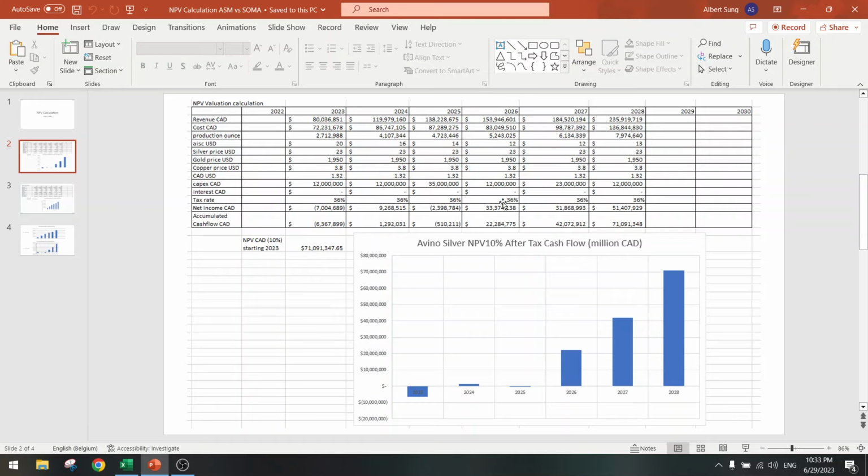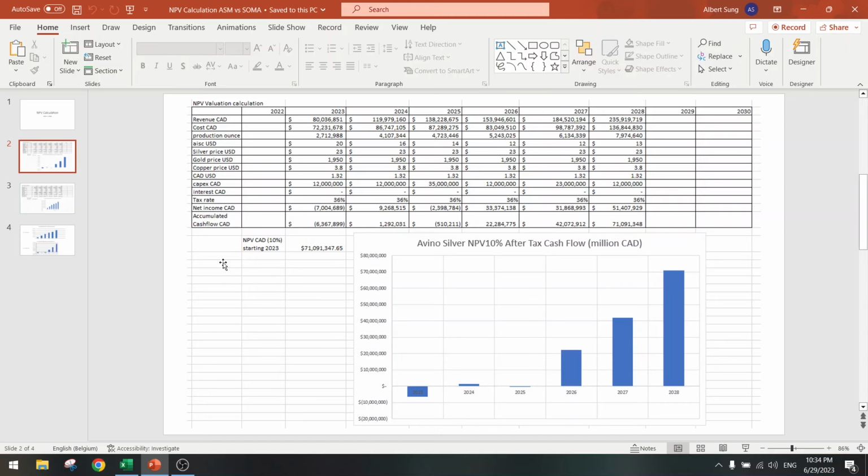So from here on out, you get an increase of 33 million, another 30 million, 50 million. But here, in the first years, you actually have not enough cash flow due to high capex and high costs, right? You even have losses here because of the high capex and the high costs.